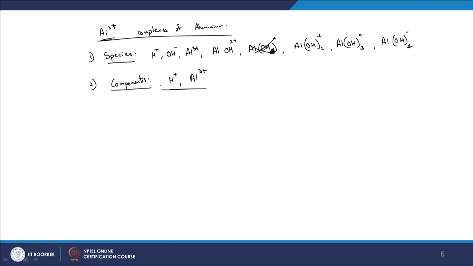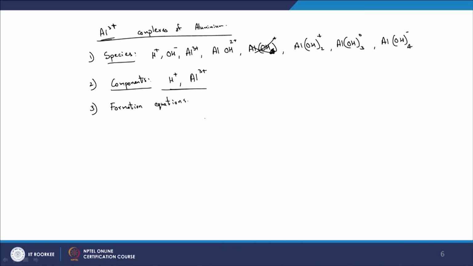You need to form the formation equations. As we discussed earlier, each species needs to be formed from a combination of these particular components.